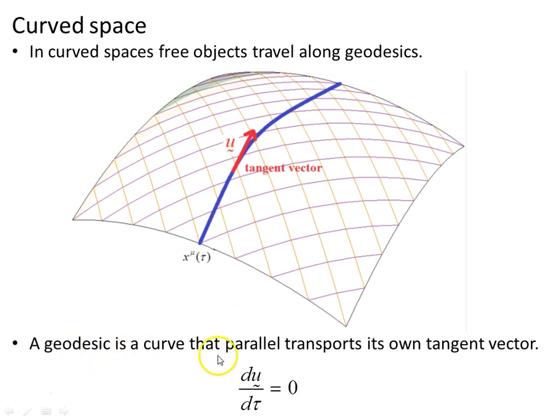So a geodesic is a curve that parallel transports its own tangent vector, so that du/dτ equals 0. I've chosen τ here, the proper time of the object. That's the time measured by a clock carried by the object. So an object carries its own clock and records its own time, and that is its proper time.